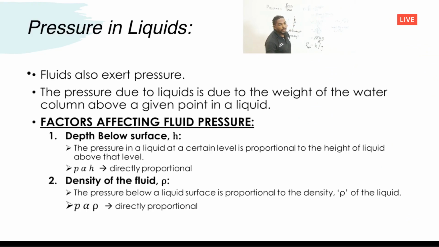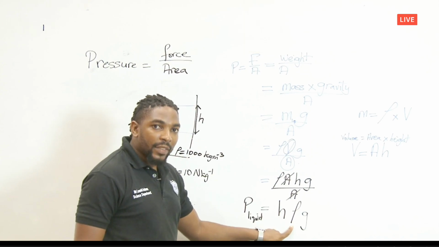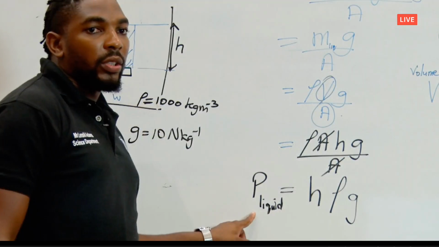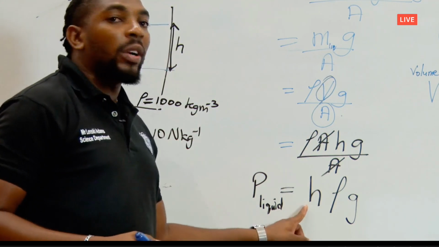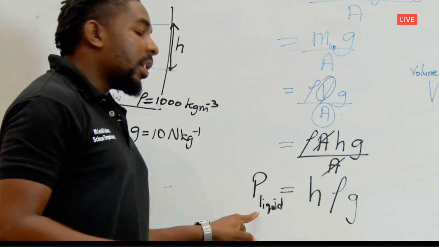So if you look at the slide, it shows the factors affecting pressure in fluids: the depth and also the density of the liquid, which shows that the depth is directly proportional to the liquid pressure, and also that the density of the liquid is directly proportional to the liquid pressure.